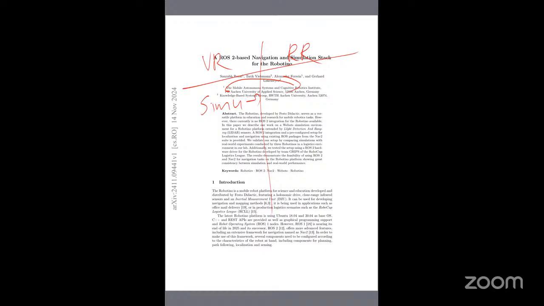The result was that the simulation result was the same. So from that, we can say this ROS2 navigation stack is working suitably with Robotino.